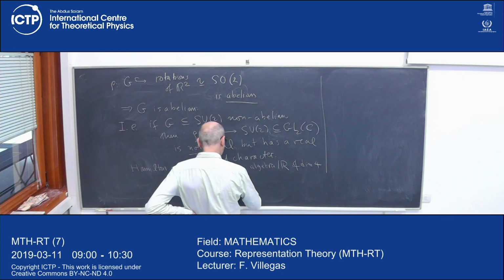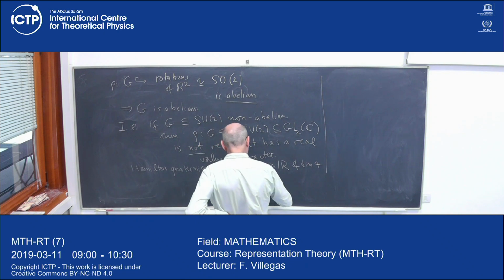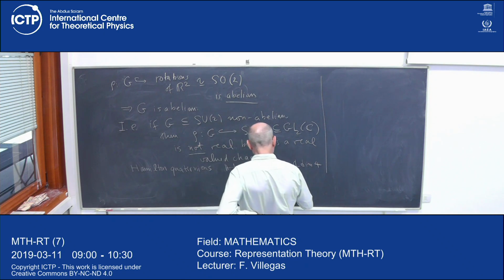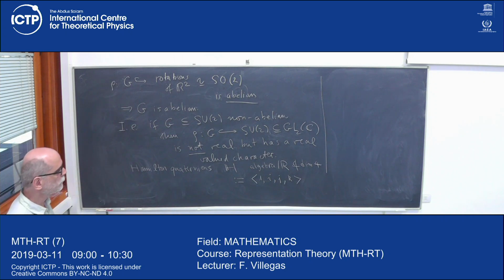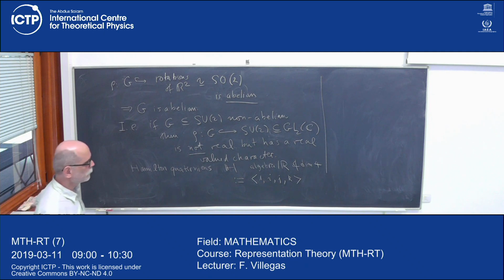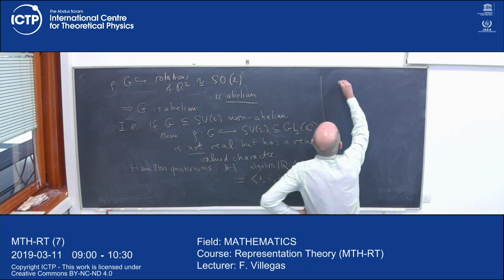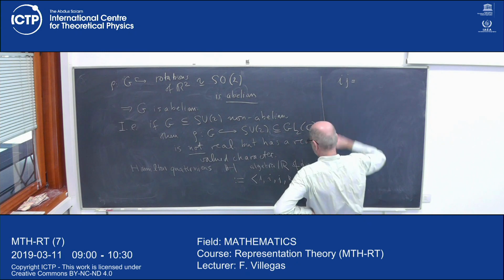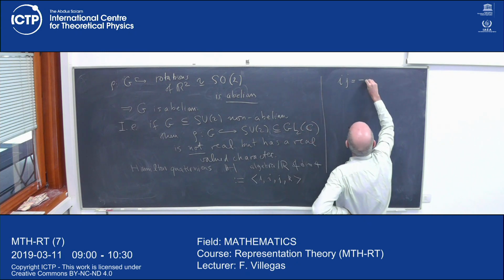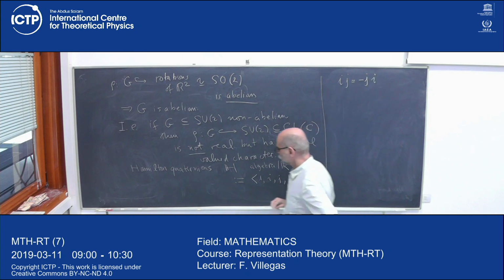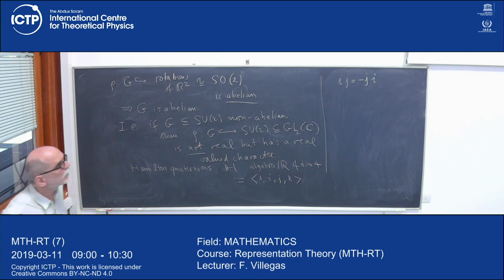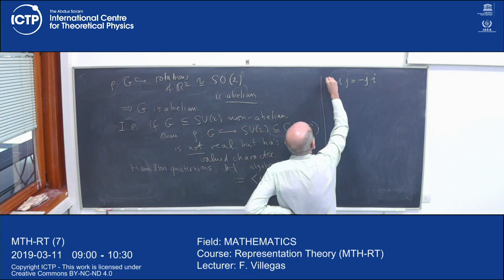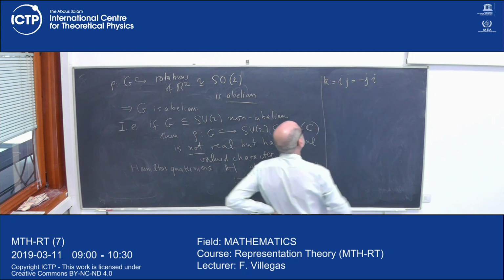It is generated by 4 basis vectors, traditionally called 1, I, J, and K. This notation goes back to Hamilton and it's pretty much written in stone. Everybody uses this. The key thing is that this is a non-commutative algebra, where I times J is equal to minus J times I, and I times J is K.